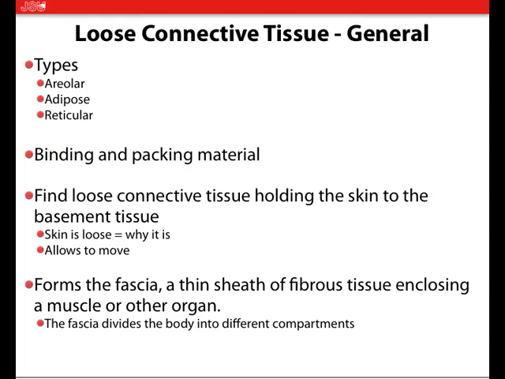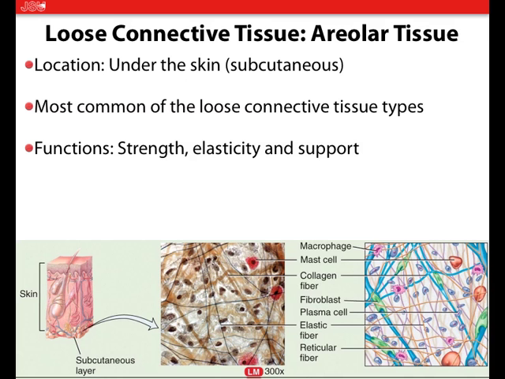We're going to find areolar. Where am I going to find areolar? Skin. Well, not skin, yeah, but under the skin, which is the subcutaneous. There you go. The subcutaneous layer is areolar. Okay, that's what you need to know about it, let's go through some specifics.